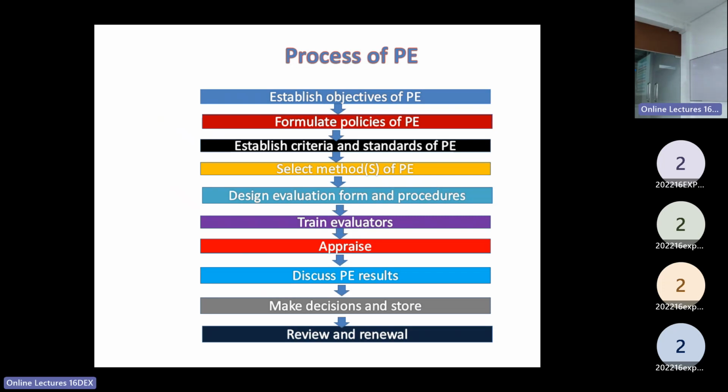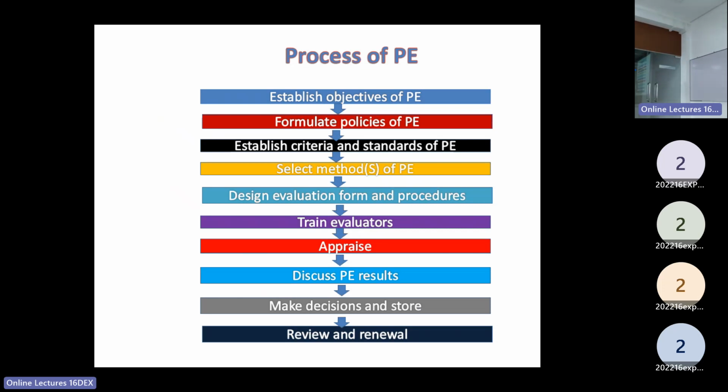Although you do not have hands-on experience in performance evaluation, if you follow the steps in the order given, you can do a good job. The first step is to establish objectives of performance evaluation. Then formulate policies. Establish criteria and standards. Select the method. Design the evaluation form and procedures. Train evaluators.